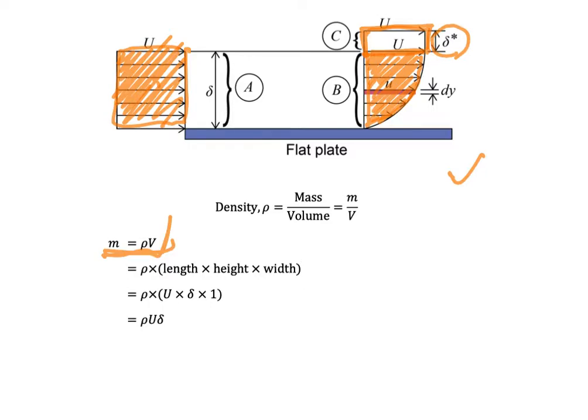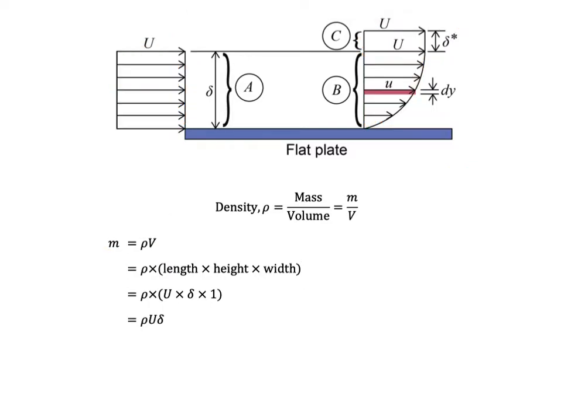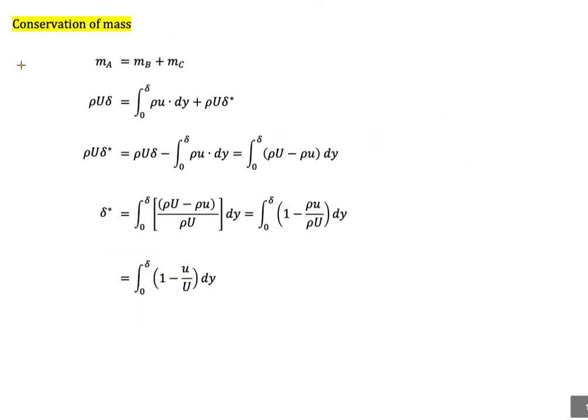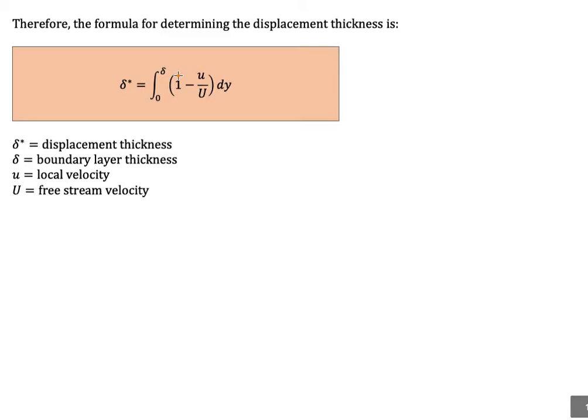The calculation is made by using the idea of mass. If we equalize the mass before it enters the flat plate and the total mass on the flat plate, we could come out with the displacement thickness as this. I hope you could remember the equation: delta star is equal to the integration from 0 to delta of 1 minus u over U dy.